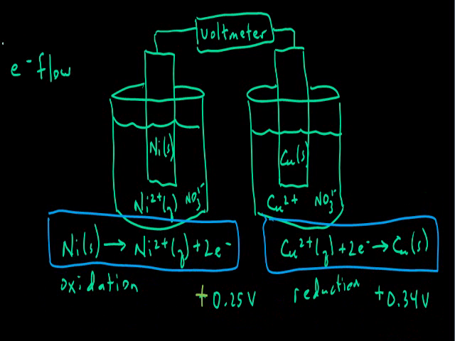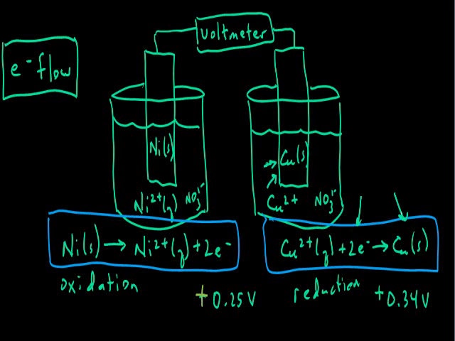To determine the direction of electron flow in our electrochemical cell, we have to examine where electrons are being lost and where electrons are being gained. In this case, the copper ions are going to be gaining electrons by touching the surface of the copper metal. They pick up 2 electrons and turn into elemental copper.